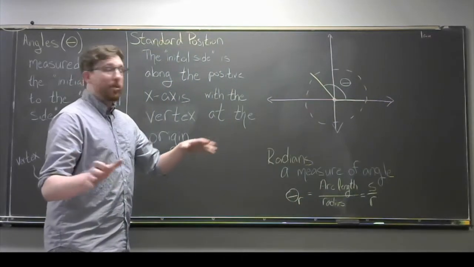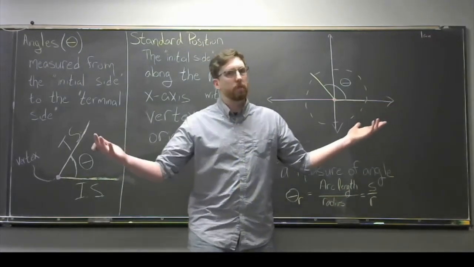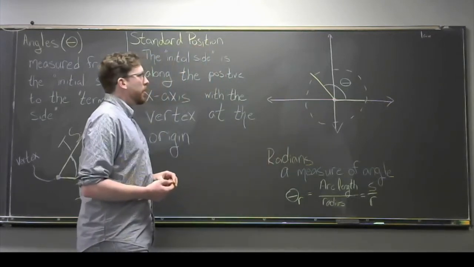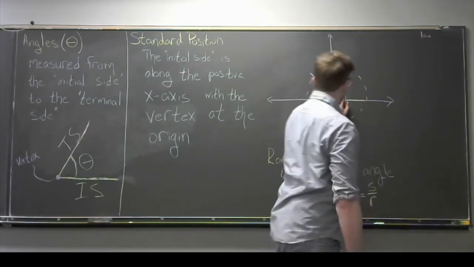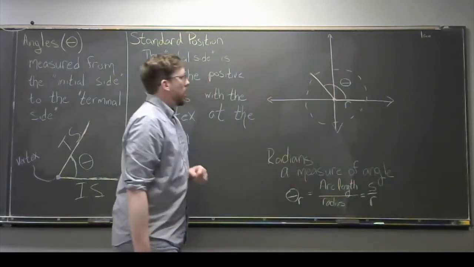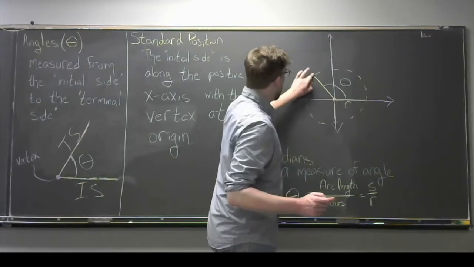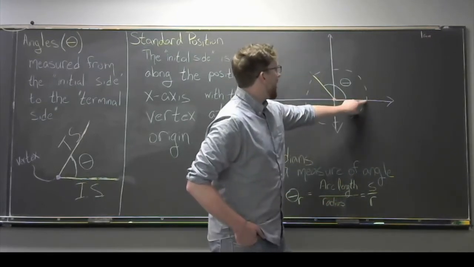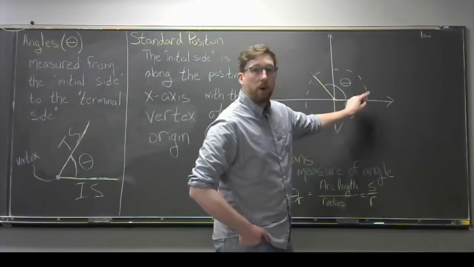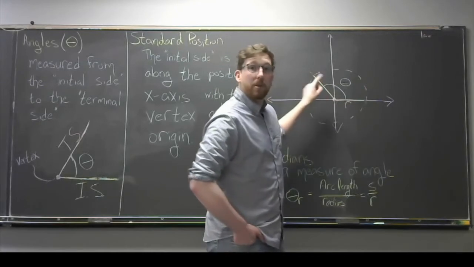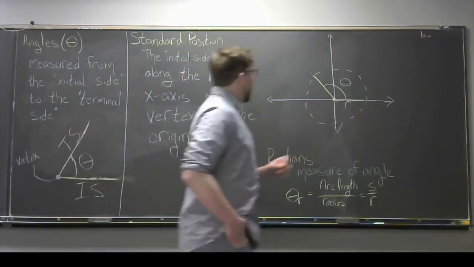So with this observation in mind, let's just call that length the radius, just because it's convenient. And with this radius in mind, if I were to follow the end of our initial side, put a point on it, and trace that point all the way up until we reach wherever the terminal side is supposed to stop, we'd get a nice little arc.